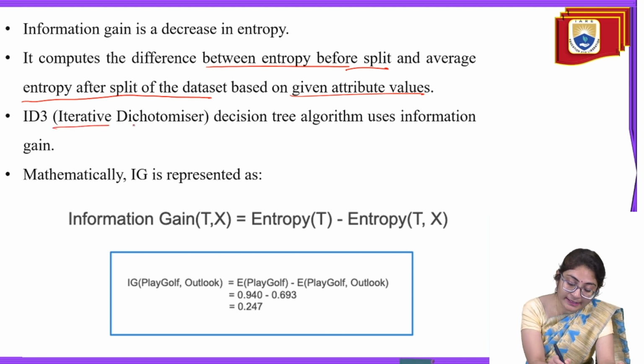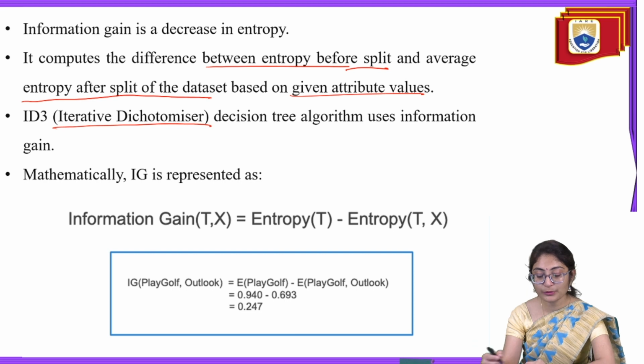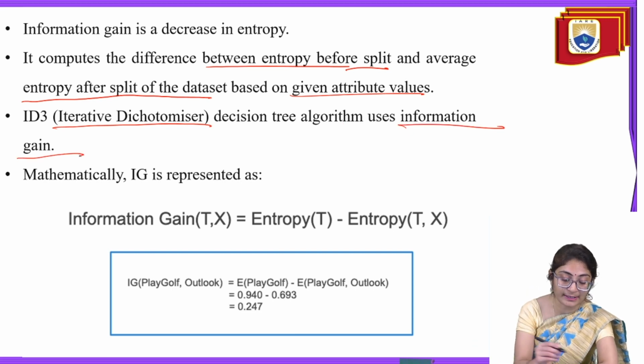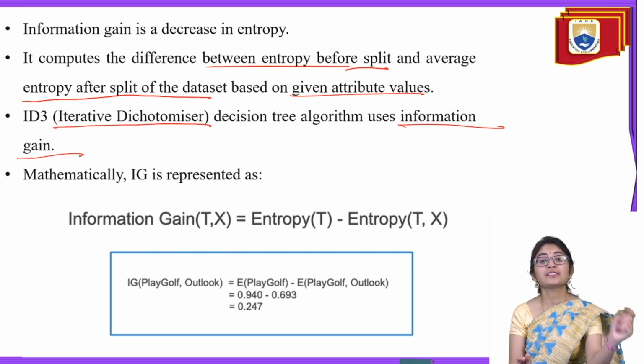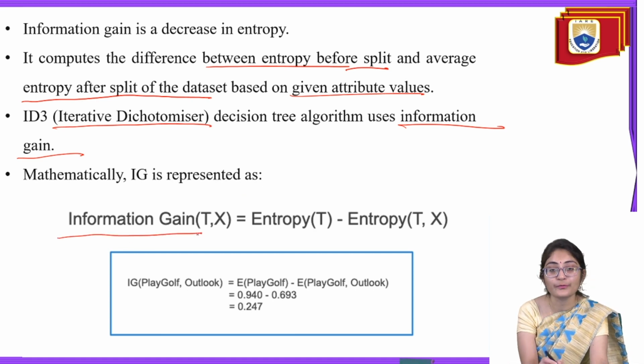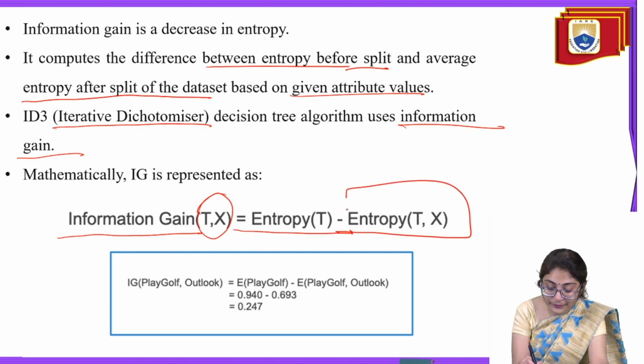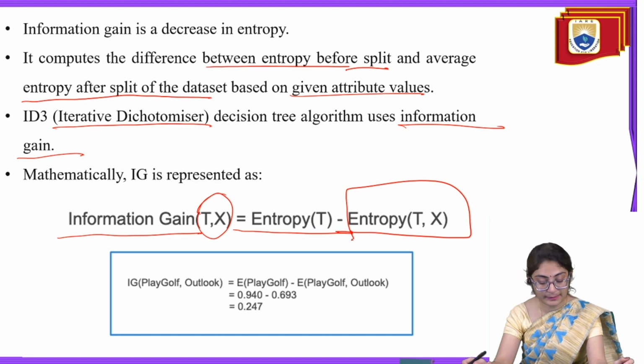ID3, that means the Iterative Dichotomizer decision tree algorithm, uses the information gain, and mathematically information gain is represented as information gain of T, X equal to entropy of T minus entropy of T comma X.